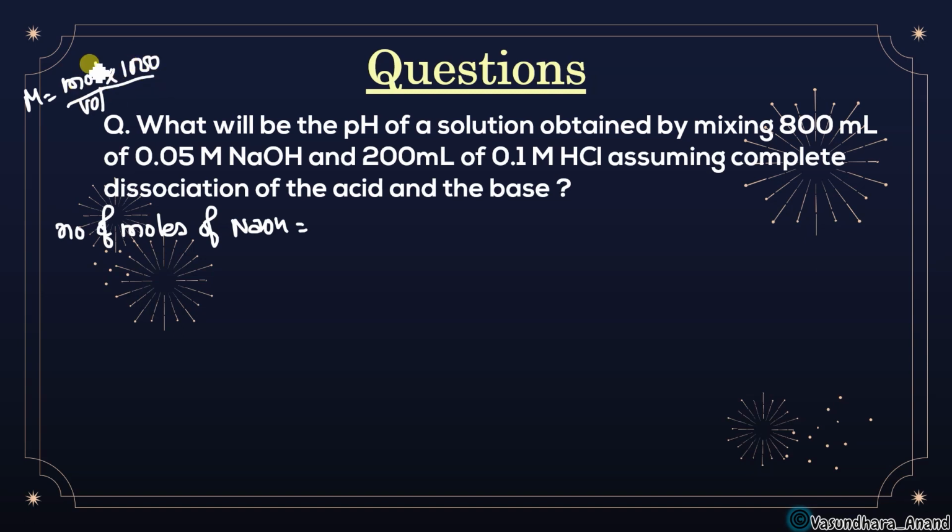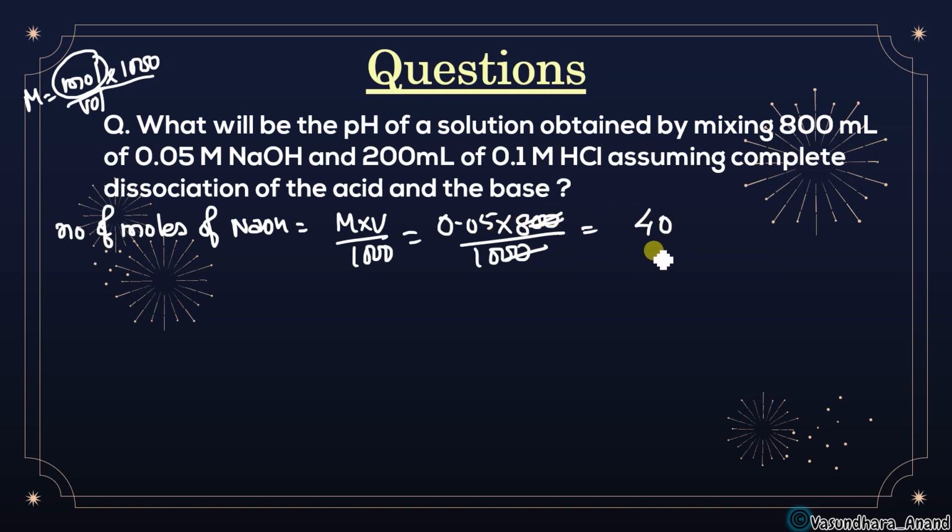So if you want the moles, it will be molarity into volume upon 1000. So just do the same thing. The molarity is given 0.05, the volume is given 800 upon 1000, and you just solve it. 8 5s are 40, and upon 10, 2 decimals. So it will be 0.40. So this will be 0.04, isn't it?